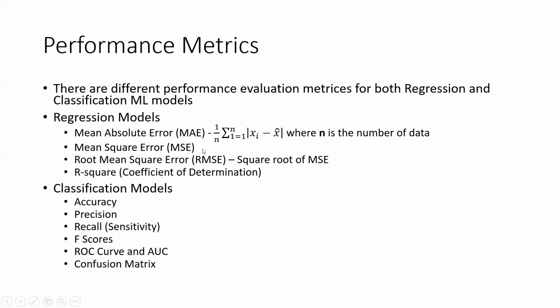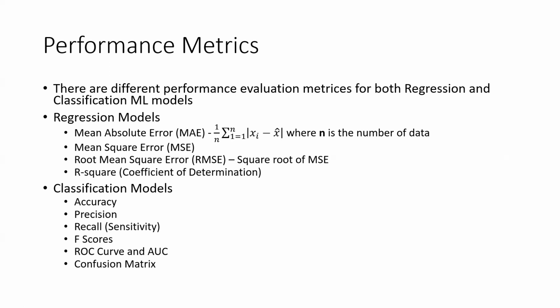So you know how to get the mean square error. Instead of using the absolute value, you take the square, and then you get the mean square error, right? The square root of the mean square error is known as the root mean square error, right? And we have also discussed the coefficient of determination, which is also a regression model performance metric, right?